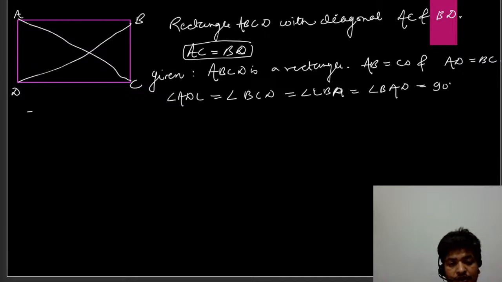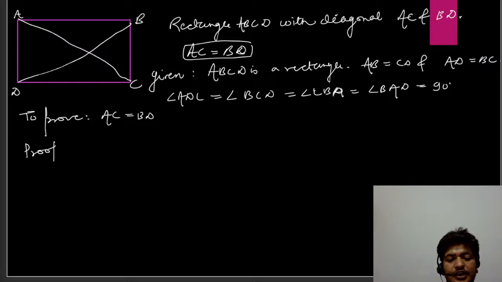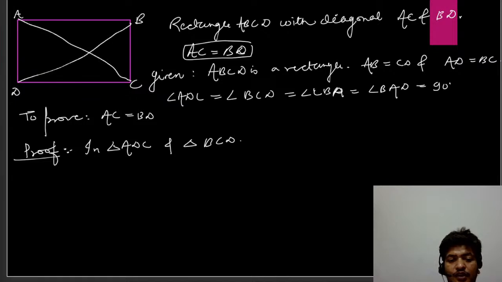अब हमें प्रूफ क्या करना है, we have to prove that AC is equal to BD. इसके लिए हम लोग सिंपल प्रूफ लिखेंगे, that is proof is given as in triangle ADC और triangle BCD. What we can say, angle ADC is equal to angle BCD is equal to 90 degrees.